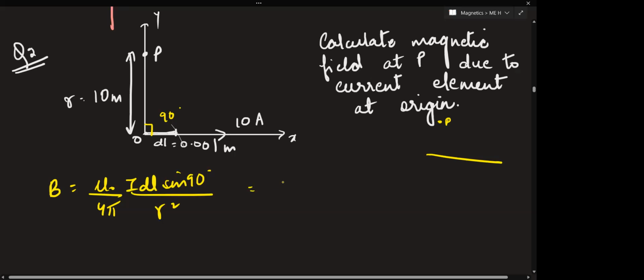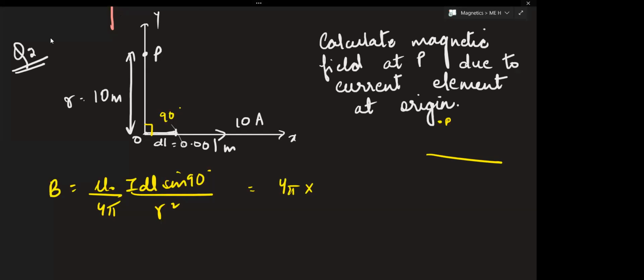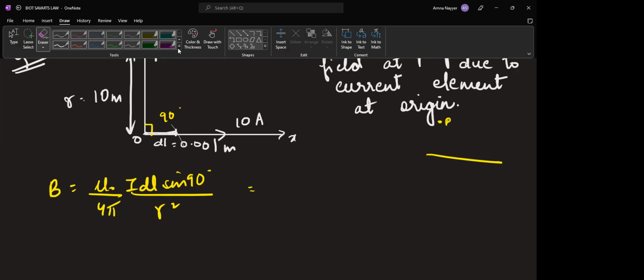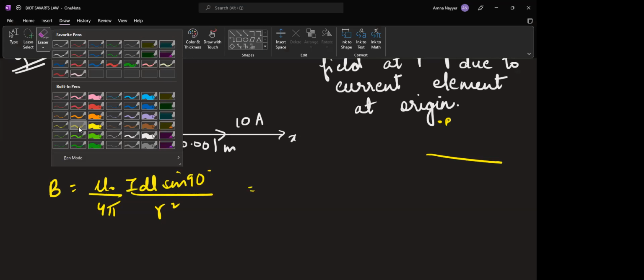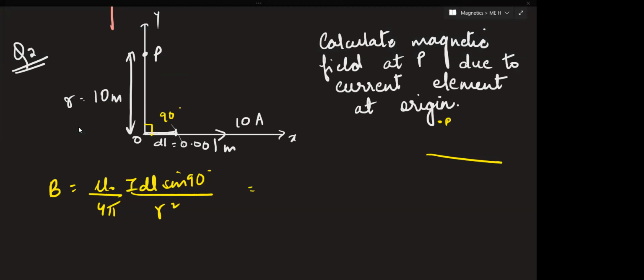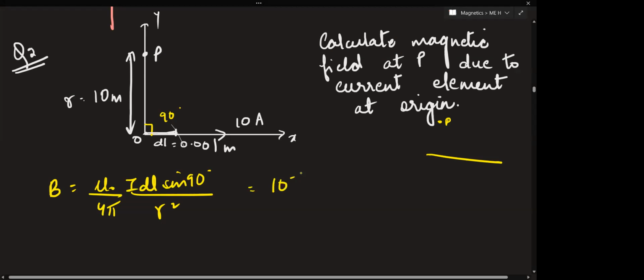So B is, mu naught is what? Mu naught is 4 pi into 10 to the power minus 7. Or mu naught by 4 pi, you can write it as 10 to the power minus 7. Current is what? 10.